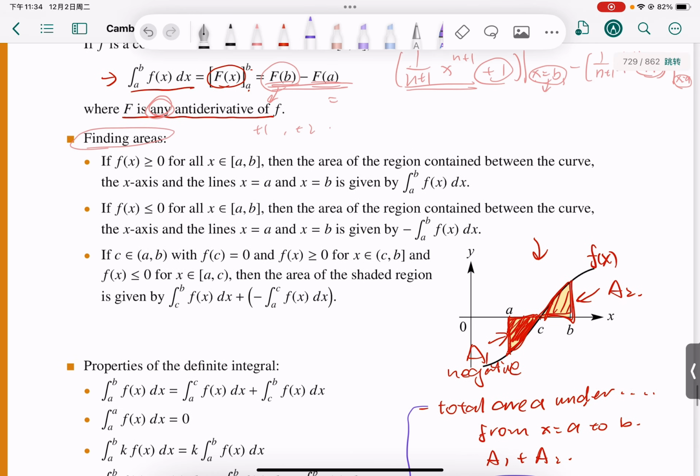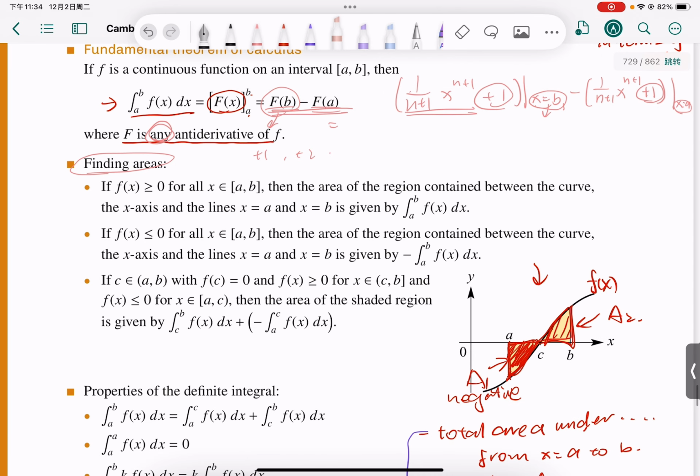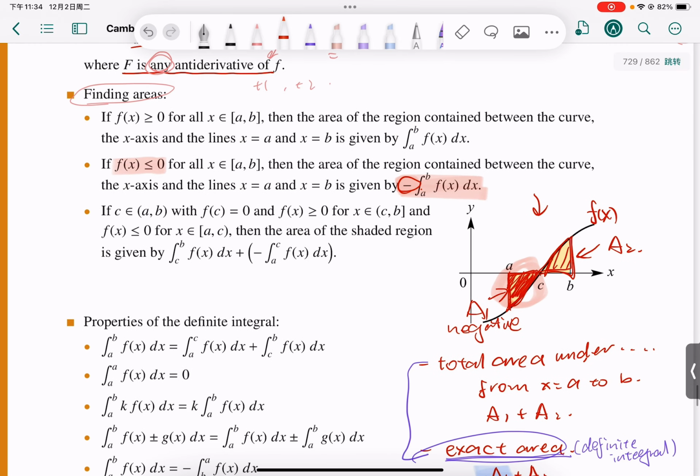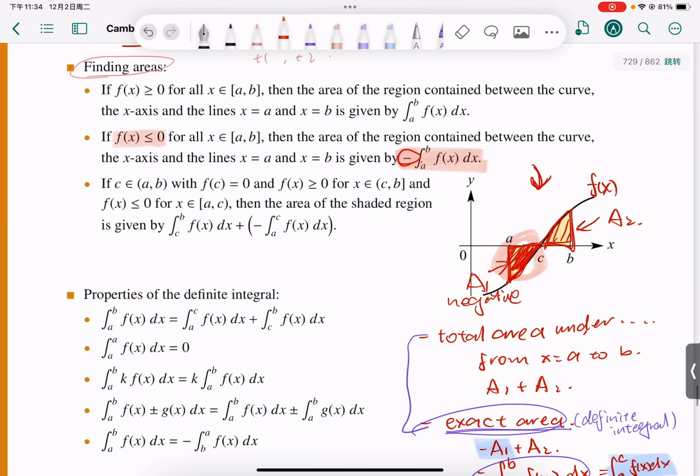As you can see here, if f(x) is smaller than or equal to 0, which is this part over here, we have a definite integral with a minus sign in front. From this graph, another thing to note is that it's always useful to draw a graph.